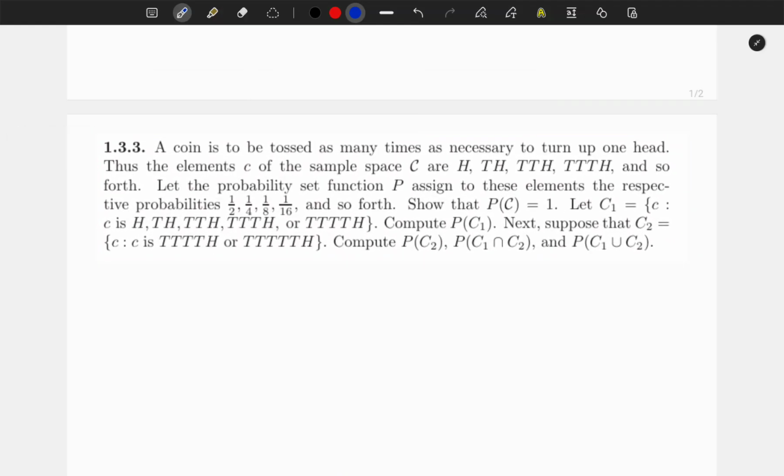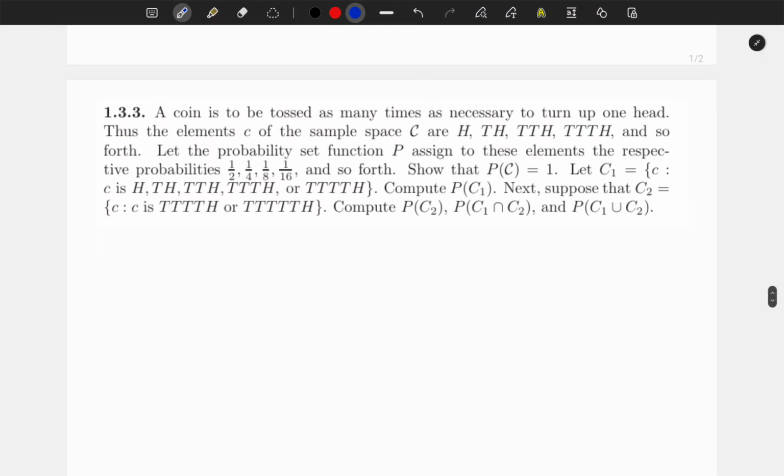We have a coin that is to be tossed as many times as necessary to turn up one head. Thus the elements C of the sample space are H, TH, TTH, TTTH, and so forth. Let the probability set function P assign to these elements the respective probabilities 1 over 2, 1 over 4, 1 over 8, 1 over 16, and so forth.